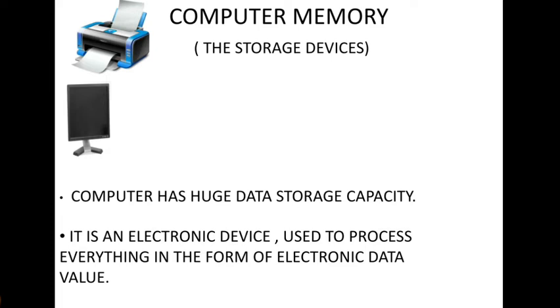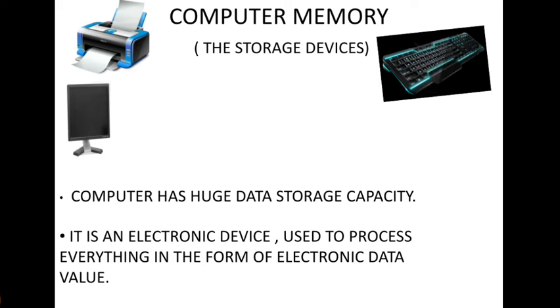But when the data and the instruction are entered, where are they stored in the computer, and how does the processed information reach the output device? All these things we have already learned in our previous chapter. So today we will start our new chapter, that is computer memory, the storage devices.